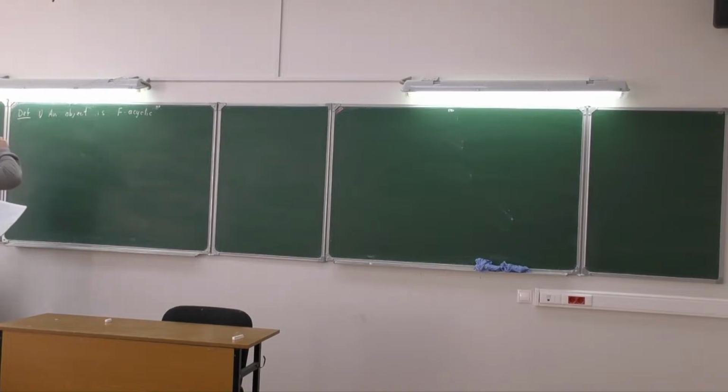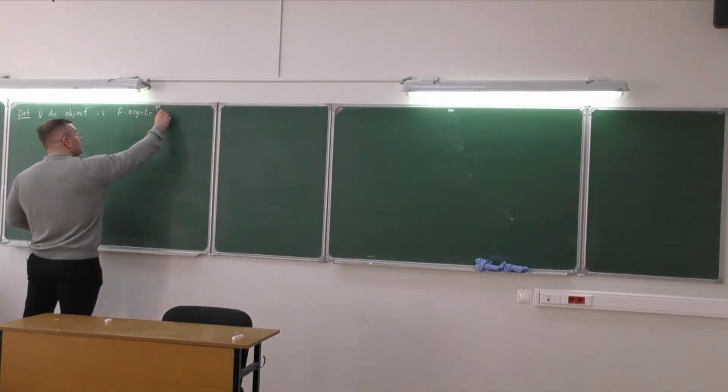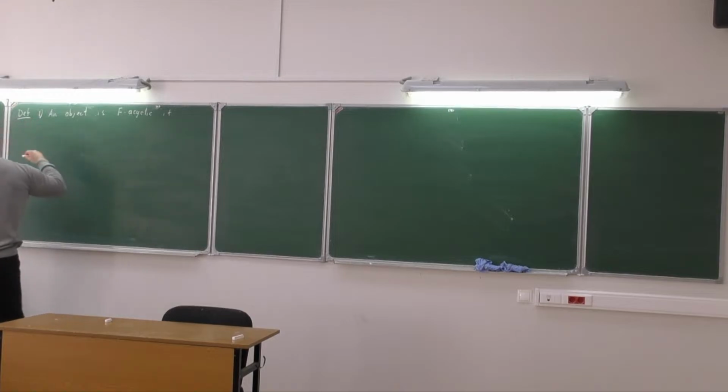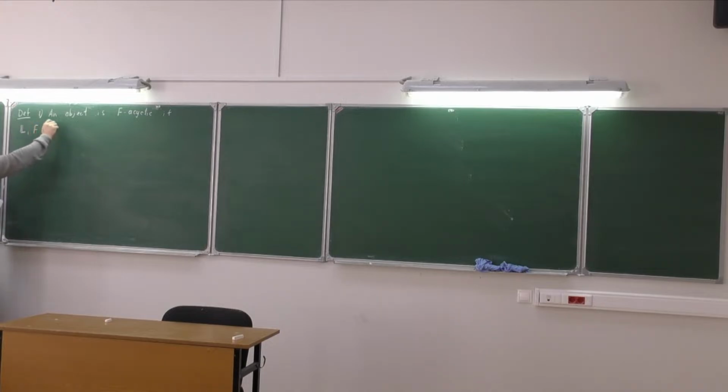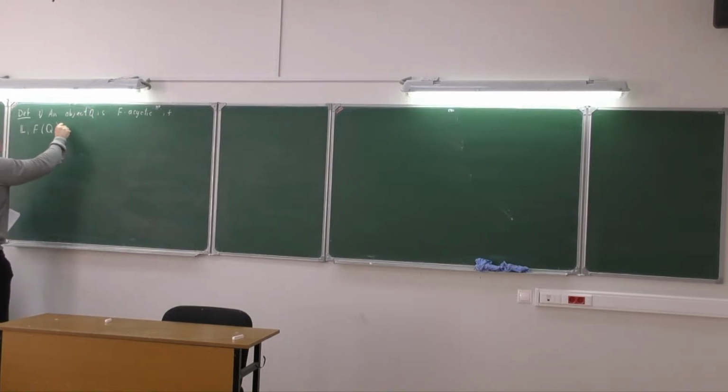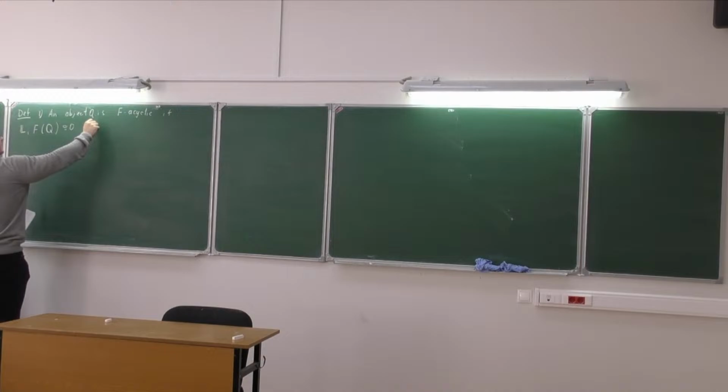And there is, of course, the same definition in the case when F is left exact, for the right derived functors. So if all derived functors on this object Q, so let me call this object Q, are isomorphic to 0 for all positive indices.